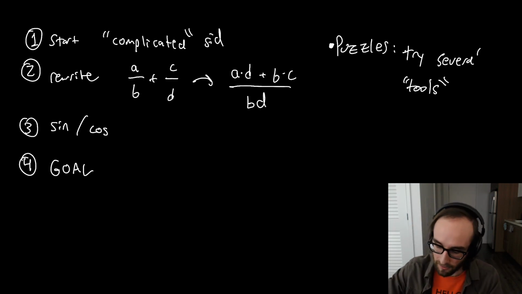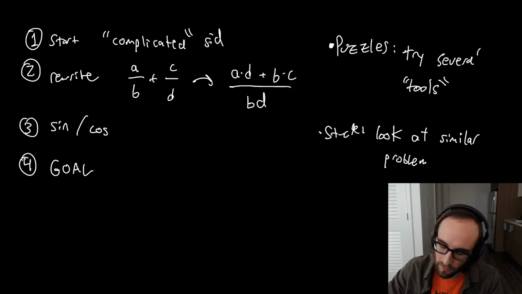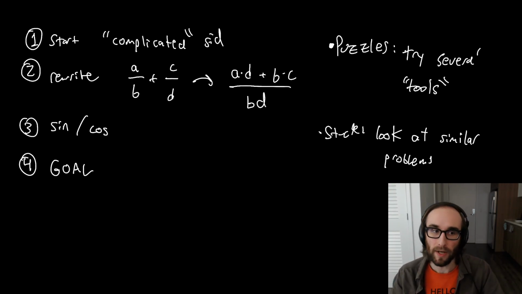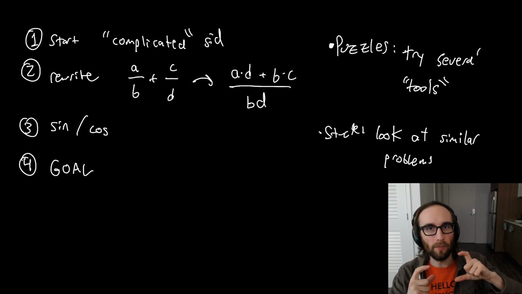If you're stuck, then one piece of advice is to look at similar problems. So try and look at the different example problems throughout the textbook, not only in this video, but the ones that are in the textbook. We skipped a few textbook ones, and see if there are problems that look similar to the problem you're working on, or look similar to the step that you're at in the problem you're looking at.